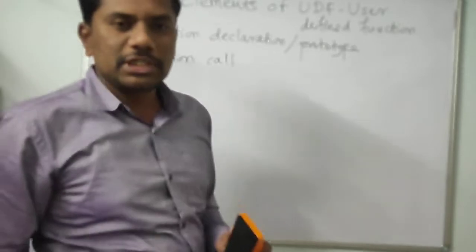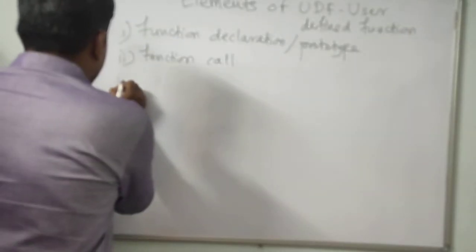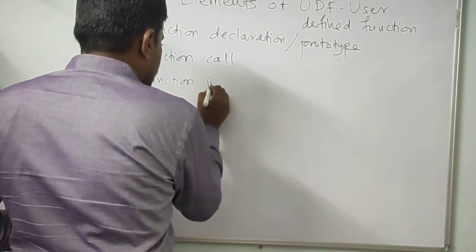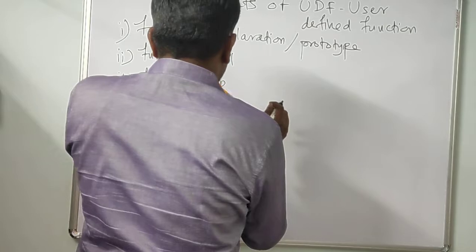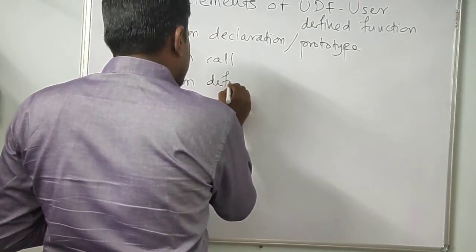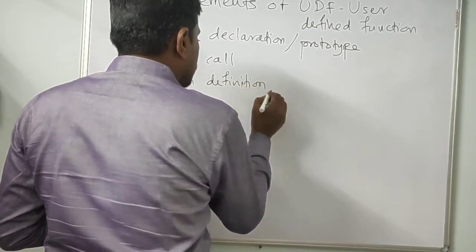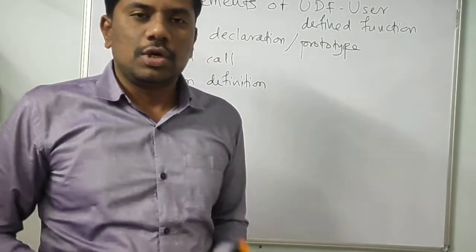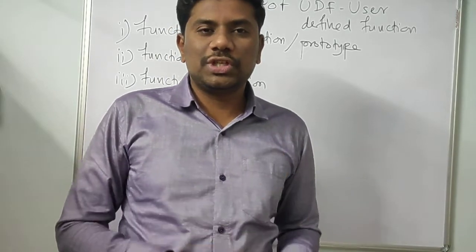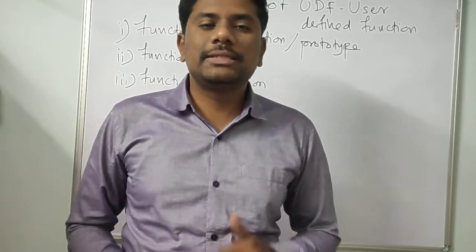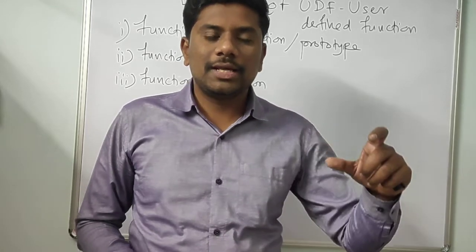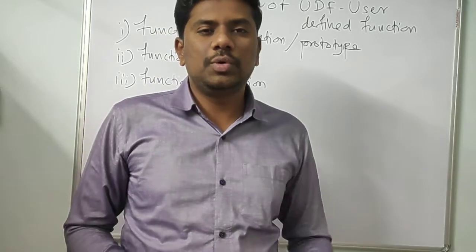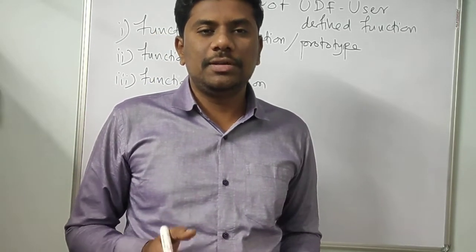And the third element is function definition. So these are the three elements of user-defined function. Whenever you want to create your own function, you need to create these three elements: function declaration, function call, and function definition. So you should have these three things with you to use your own function in a C program.